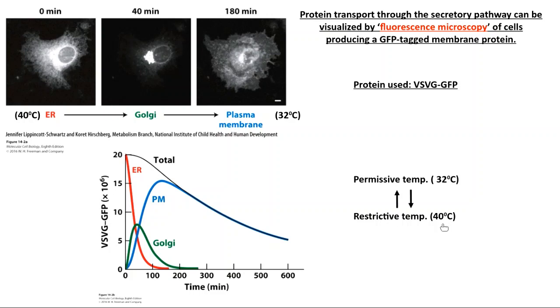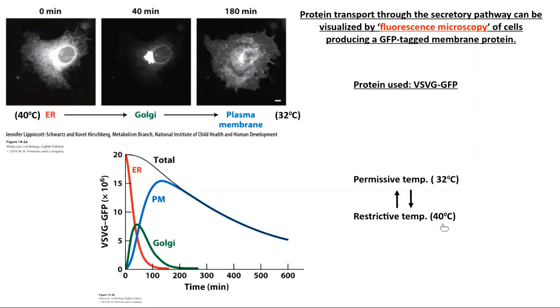If you are working in a microbiology lab, sometimes to inactivate the cells we increase the temperature. That means it's a restrictive temperature. Even a temperature difference of 2 to 3 degrees centigrade can make a huge difference. This is just one example to show how restrictive temperature works, because there are thousands of secretory proteins, each with its own specific function.